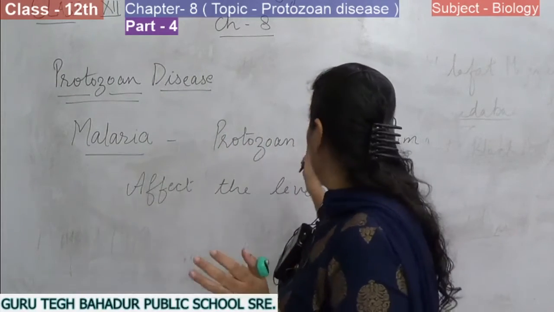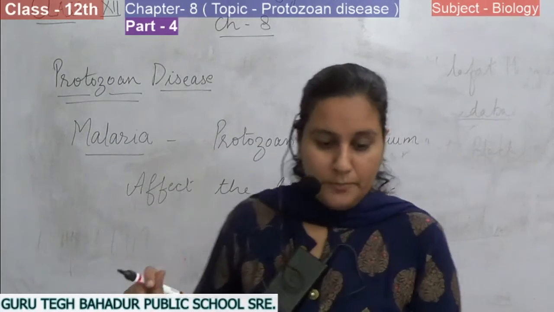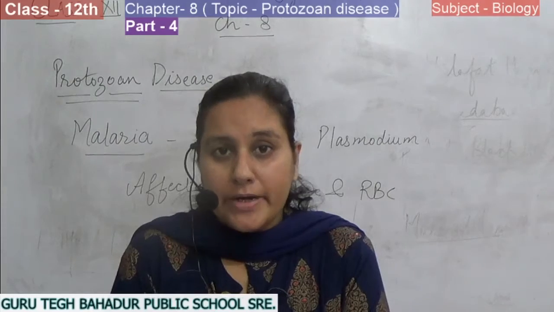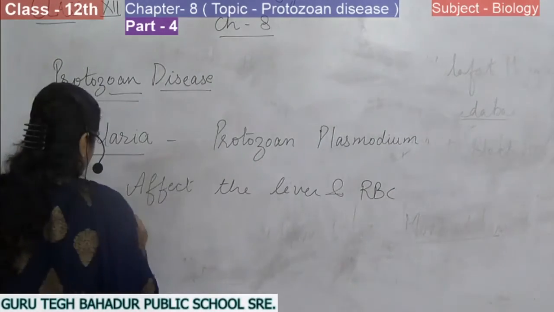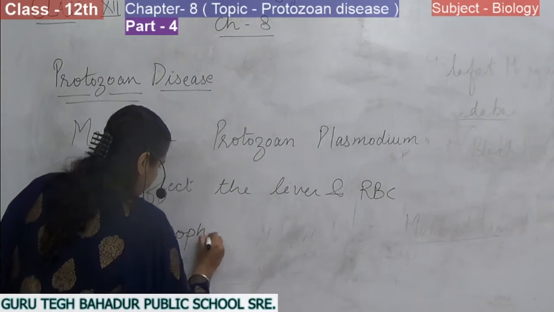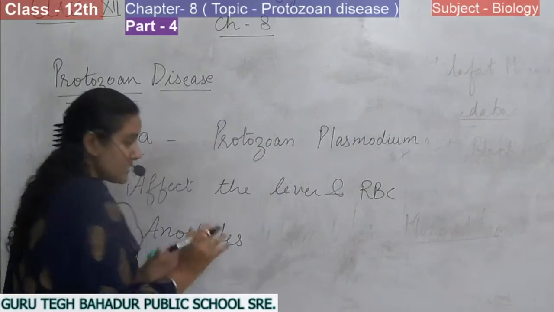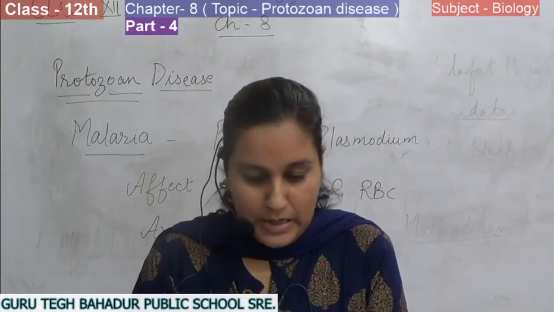Now how does it transmit? It transmits by the biting of the female mosquito anopheles. You can also say that this is the vector of this malaria disease.